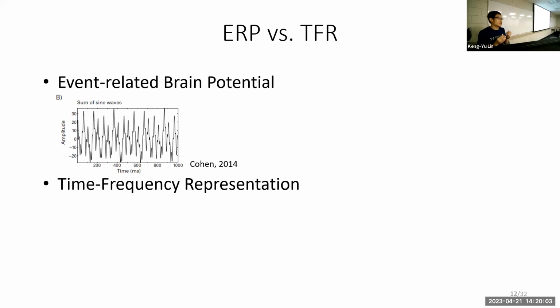For instance, if you are conducting an emotion study, you ask participants to look at pictures that are related to positive emotion or negative emotion. With the ERP technique, you extract the snippets for all positive emotions and average the brain wave, and then you get an average brain wave related to the positive emotion event, right?